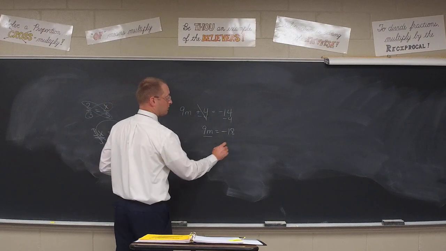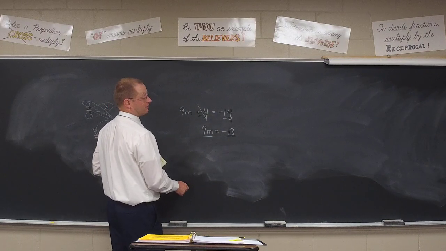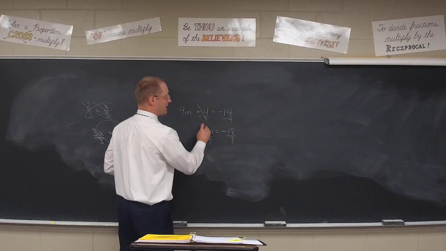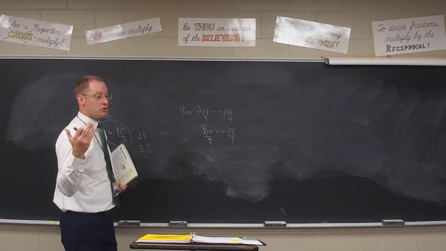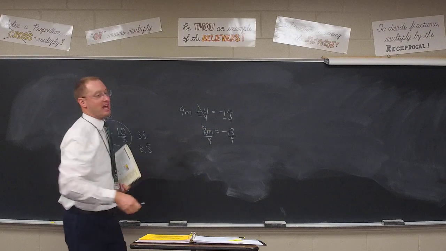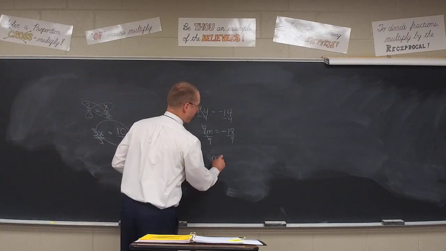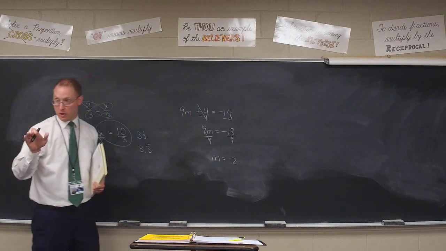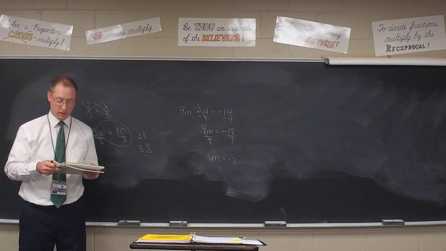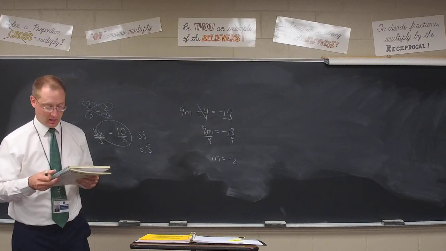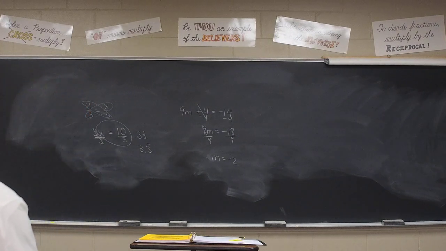Divide by 9. And 18 divided by 9, of course, is 2, but -18 divided by 9 would be -2. And that's where we get the -2. Okay, questions on that? Yes, sir. I didn't have 9 done. I did not have 9 done, and that's why you were just kind of throwing a guess at the wall.